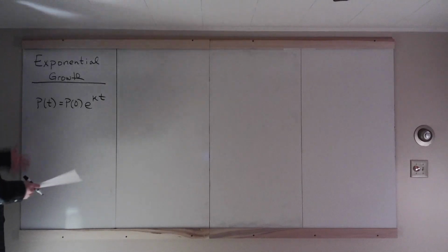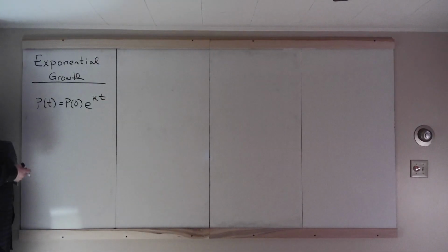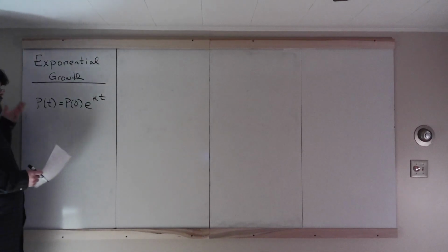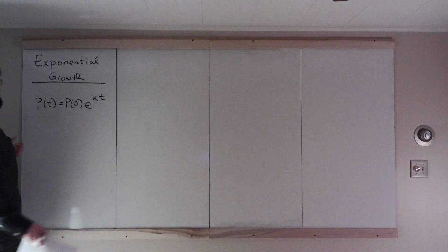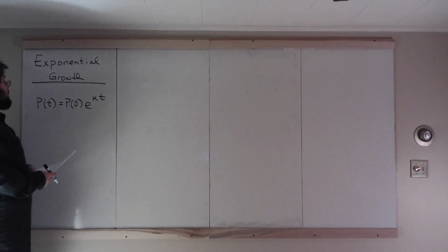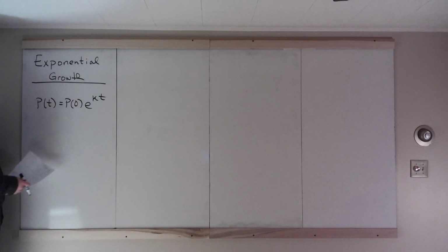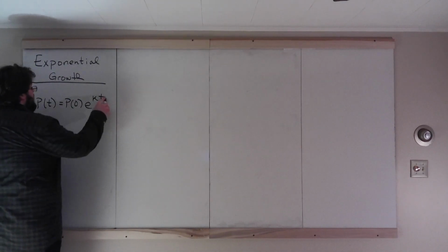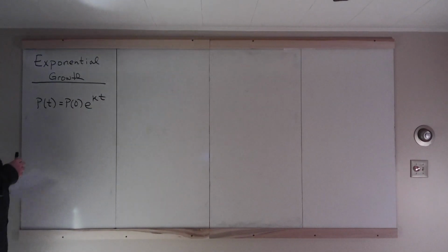P measures what's growing. P of t will mean P after a certain amount of time, so like in our interest examples, after 4 or 5 years. P of 0 would mean a base amount, how much there is at a certain time, or at a base time. e is our exponential function. k is a constant, and t is time. This right here is an exponential function.